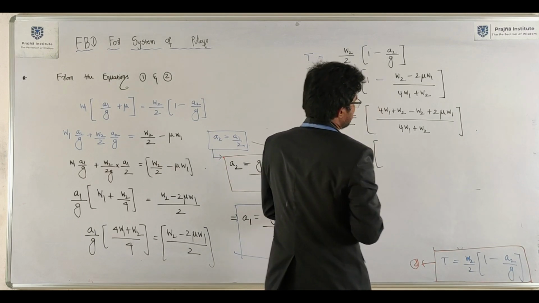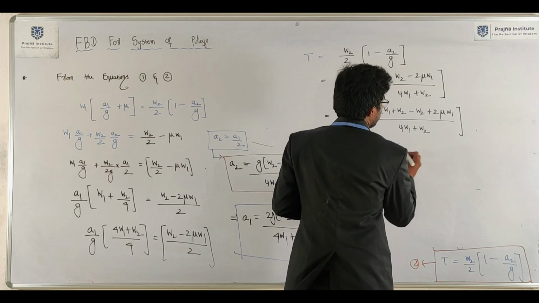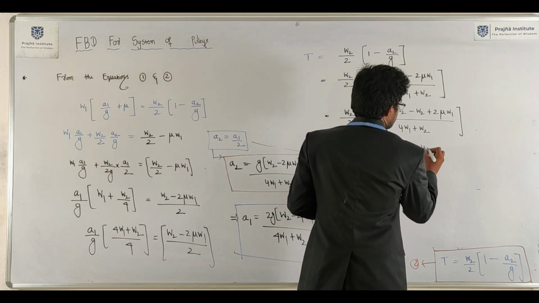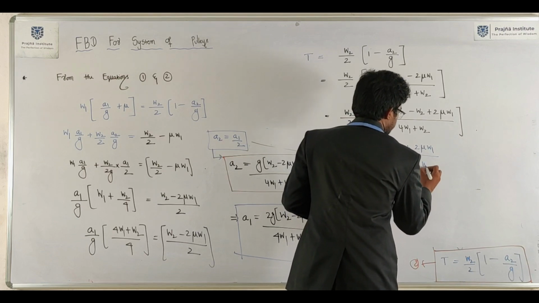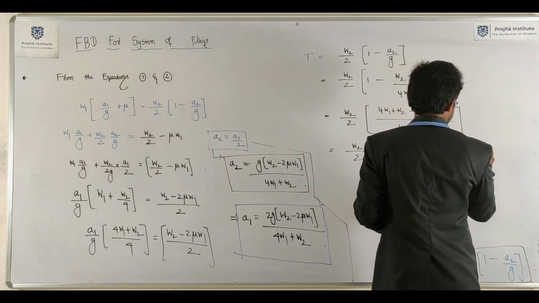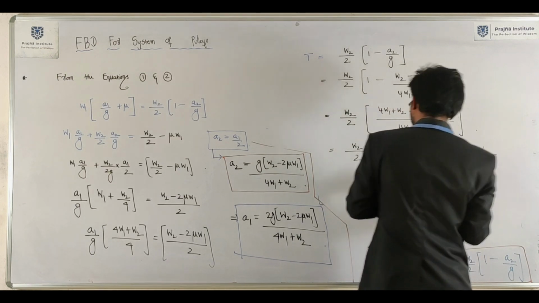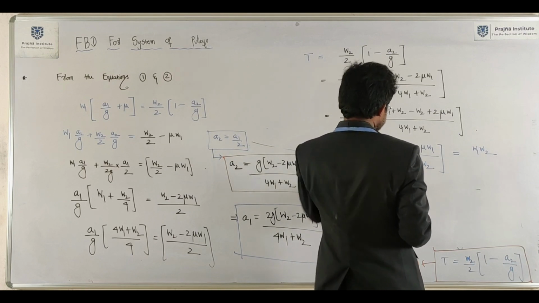Yeah, W2 gets cancelled out. 4 W1, 2 mu W1, over 4 W1 plus W2. Here what do we get? W1 taken common, you can cancel 2 now.